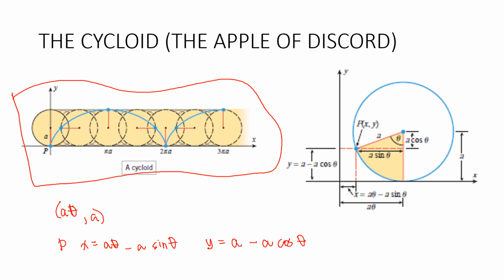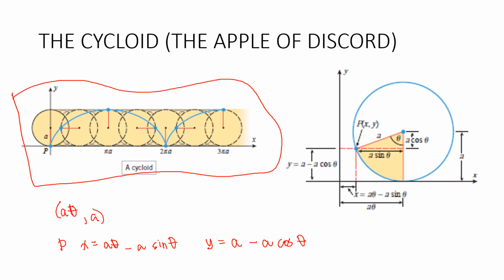The curve was named the cycloid by the Italian mathematician and astronomer Galileo, who spent over 40 years investigating its properties. An early problem of interest was that of constructing the tangent line to the cycloid.